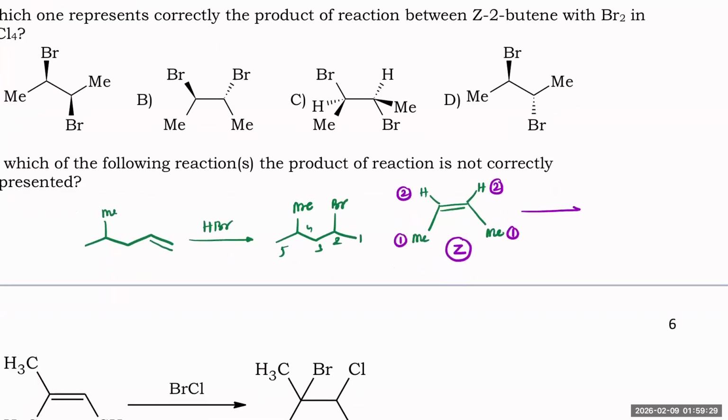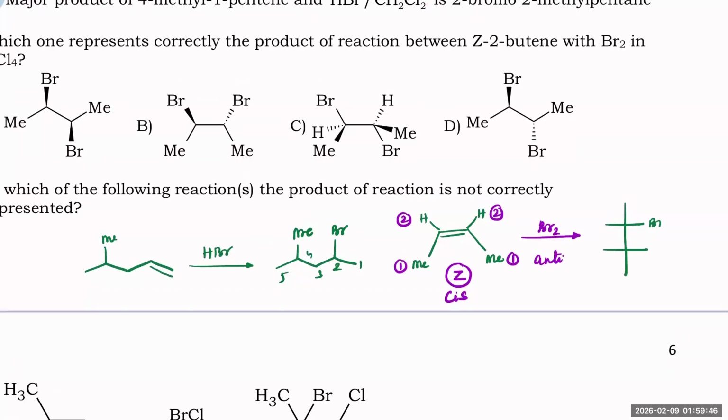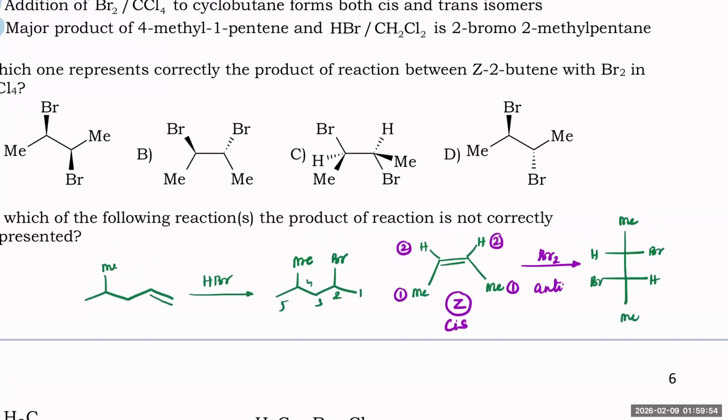And Z isomer in this case is cis, and bromine addition is anti. So cis plus anti should give you the meso compound. So how should the product be? Br and Br should be on opposite sides, and methyl and H on this side. This is the Fischer projection.